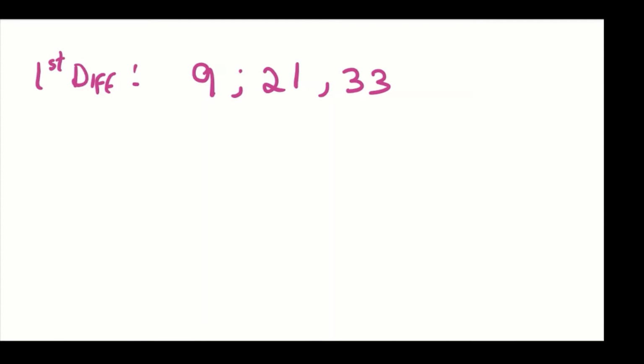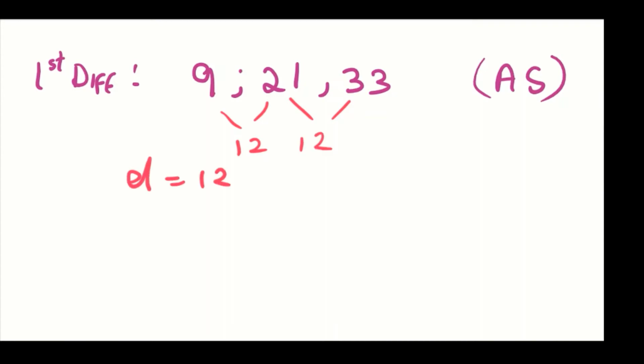And you need to note that the first difference of a quadratic number pattern is actually an arithmetic sequence, right? So we need to identify the sum of this arithmetic sequence, where the difference between these two terms is going to give you 12, right? So it means now that d is equal to 12, and our a value is equal to 9.